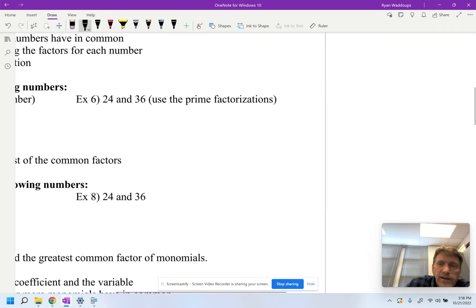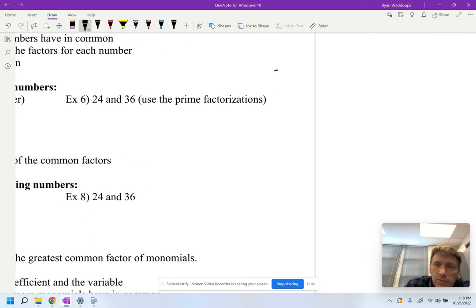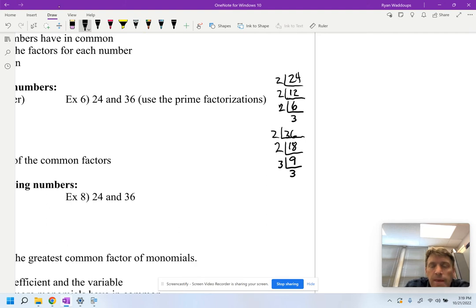I'm going to go off to the side here and write 24 is 2 times 12, and 12 is 2 times 6. 6 is 2 times 3, and 3 is prime, so we're done with 24. 36 is 2 times 18, and 18 is 2 times 9, and 9 is 3 times 3.